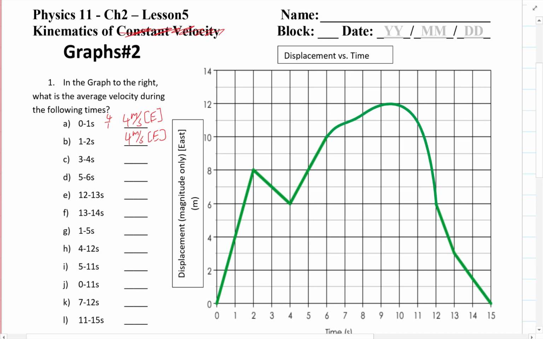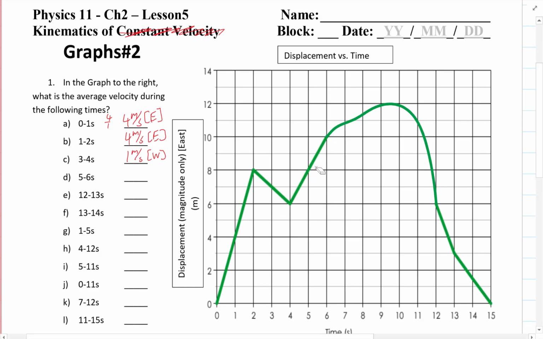From 3 to 4, this is going backwards 1 over 1 second. So this will be 1 meter per second west. It's rise over run, so it goes down 1 over 1. So this is negative over positive 1. That's why I have 1 west.